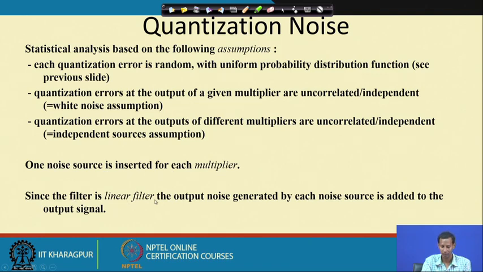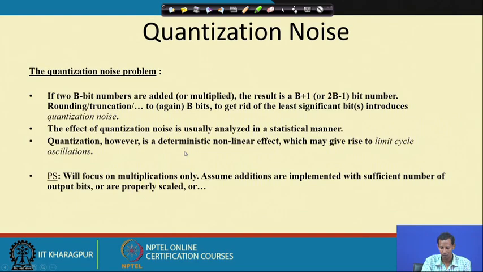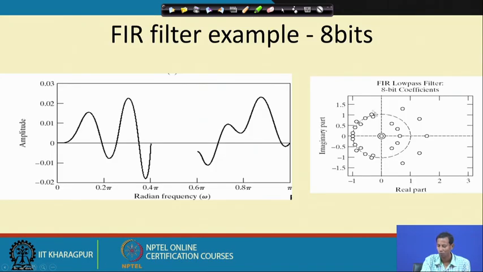Since the filter is a linear filter, the output noise generated by each noise source is added to the output signal. That means whenever we calculate the overall transfer function, the analysis we are doing is based on the overall quantization, considering quantization in the coefficients as well as quantization in the arithmetic operations, whether of the multiplier or of the adder, for both.